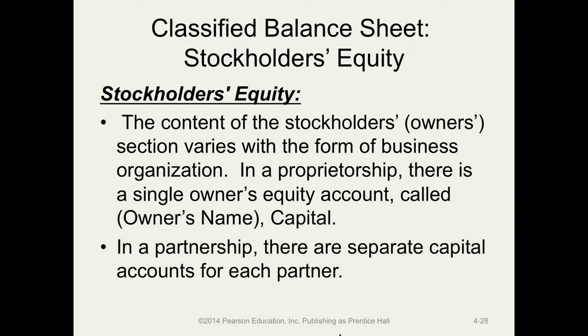Now, finally on the balance sheet, stockholders' equity. And the stockholders' equity section is really specific to corporations. The owner's equity section will depend on the legal form of business. And as we said in our first chapter, there are 3 forms of business: a sole proprietor, a partnership, and a corporation.